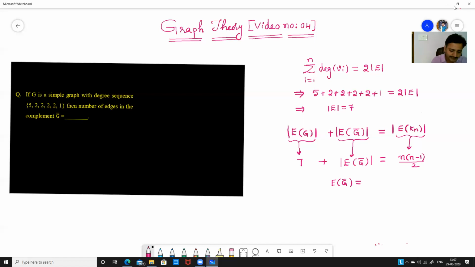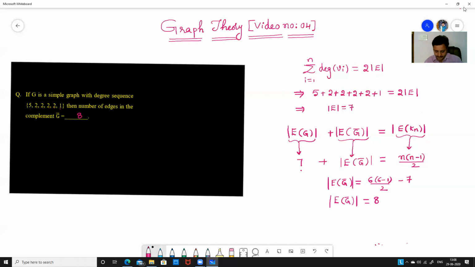They clearly mention 1, 2, 3, 4, 5, 6. 6 vertices are there. Therefore, I can substitute 6 here: 6 into 6 minus 1 by 2. Right? By bringing this value 7 to the right side, it becomes minus 7. Right? Okay. So therefore, the number of edges in G bar must be equal to 15 minus 7, that equals 8. Therefore, the correct answer to this question is 8.